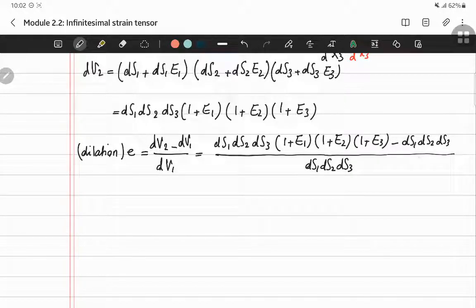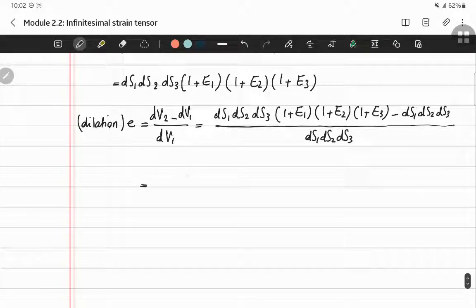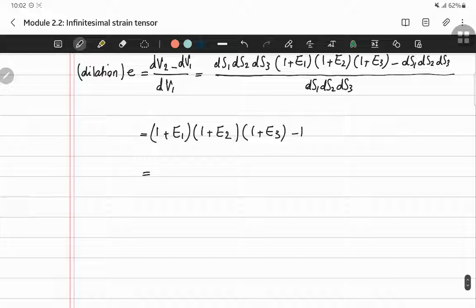If I factor out this multiplication of ds1, ds2, and ds3, I get 1 plus e1 times 1 plus e2 times 1 plus e3 minus 1. The 1 from the multiplication of these cancels with this one. So I get e1 plus e2 plus e3.